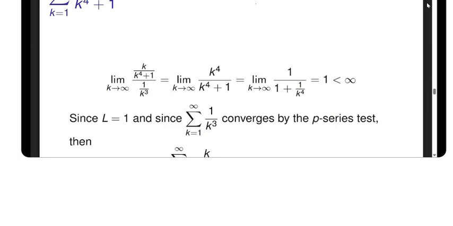Now, if your result is positive, which means it is less than infinity, then the conclusion is that the two sequences either both converge or both diverge. But for me to identify the direction, I need a further convergence test. What do I need to do?